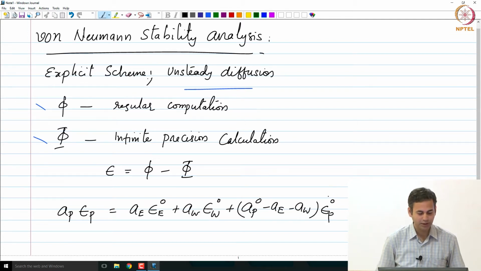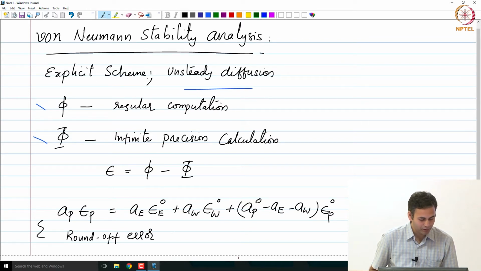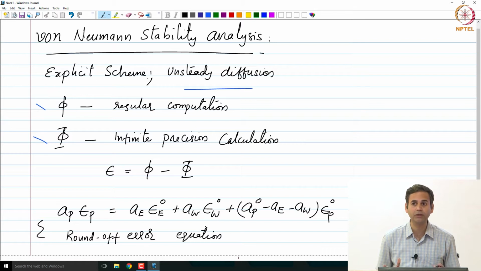Okay, good. So, we have an equation for the round off error itself. This is the round off error equation, which is basically the same as the governing equation for the dependent variable, right.